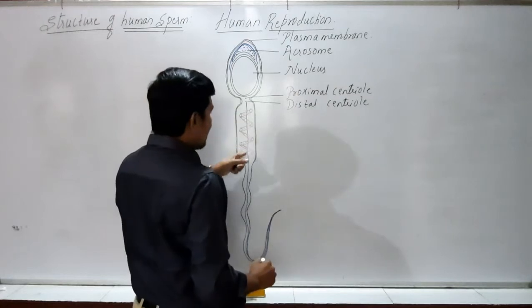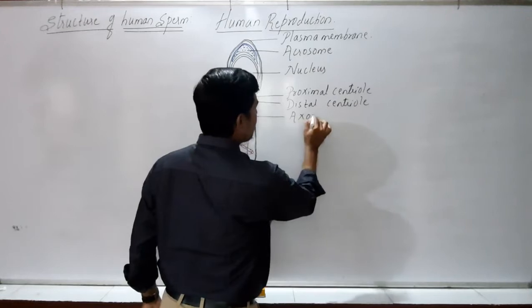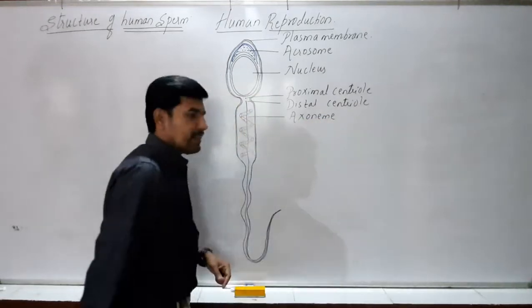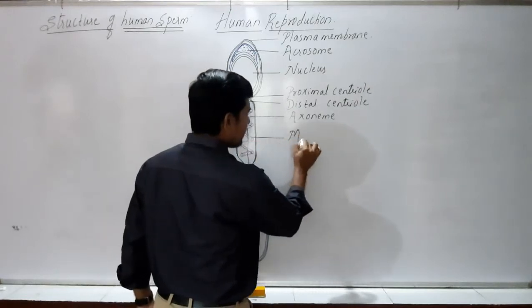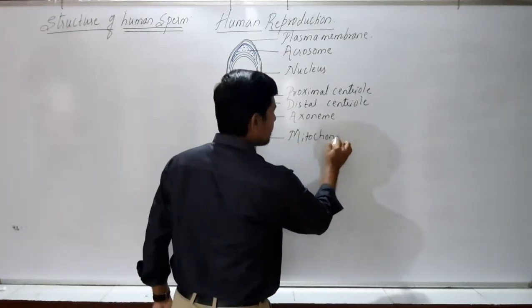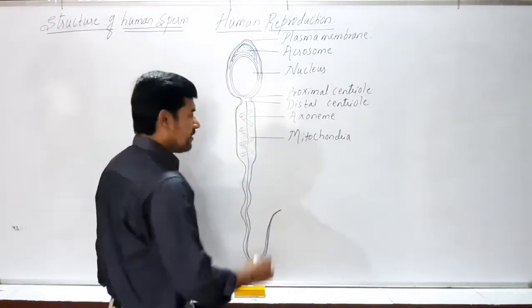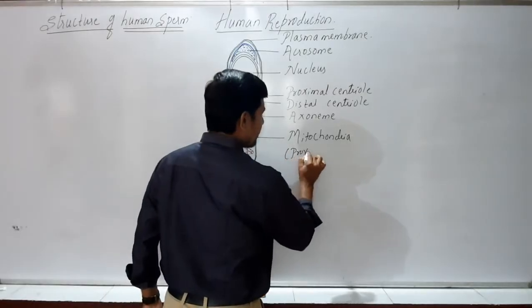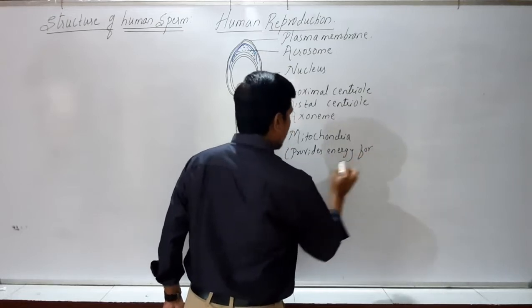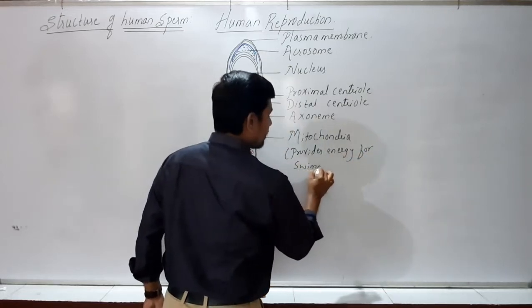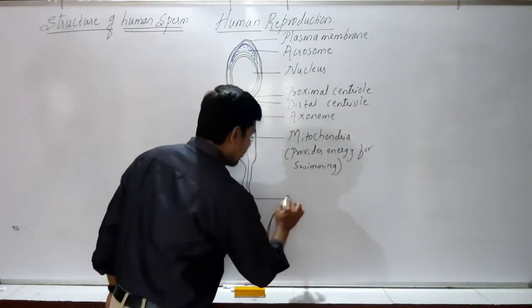Then a thin thread-like structure that we see here is called the axoneme. And this is the mitochondria that provides energy for swimming of the sperms. And the last part we call the tail.